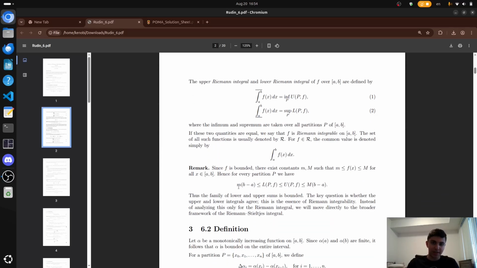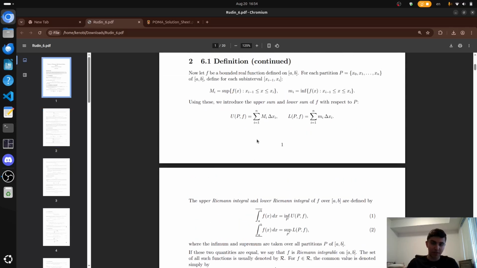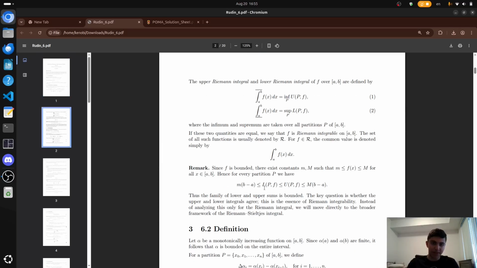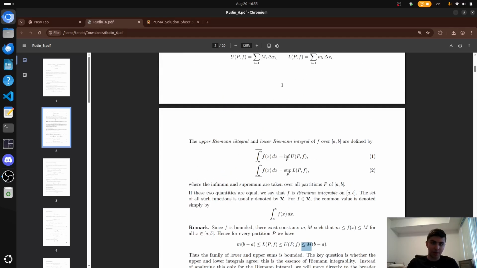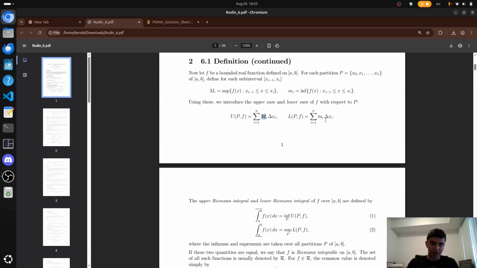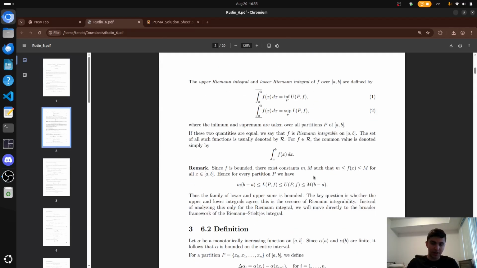And we know that this m is going to be less than or equal to all these mi's, so m times (b - a) is going to be less than all this. And likewise, since this capital M is greater than or equal to all these Mi's, all of this is less than or equal to M times (b - a), which means that the family of lower and upper sums is bounded.